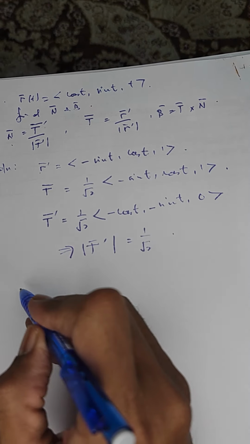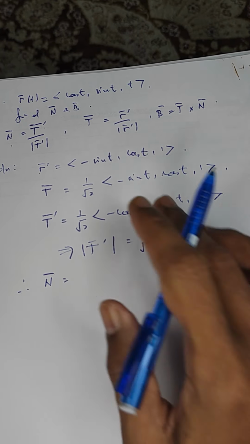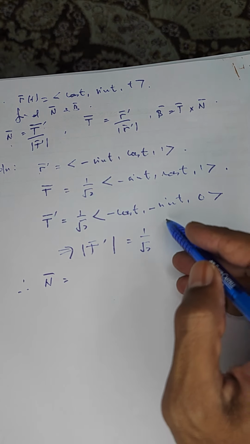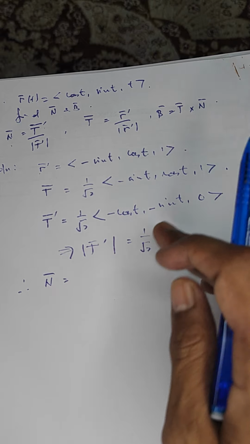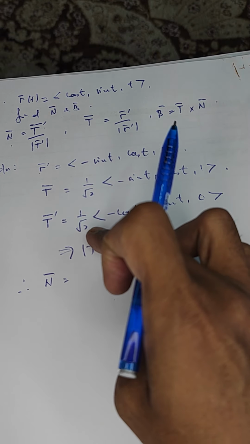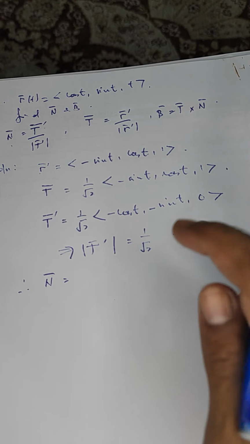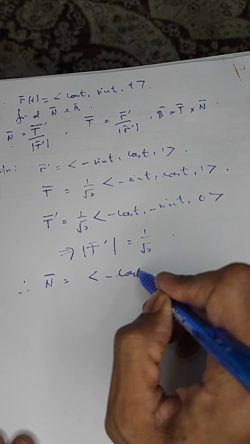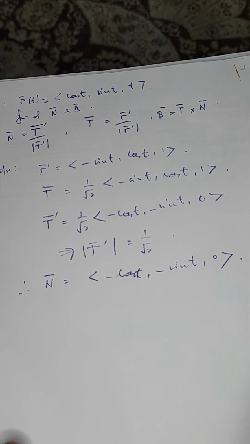Therefore we can find N, which is T prime over the magnitude of T prime. We have T prime given here, so we end up with 1 over root 2 divided by 1 over root 2, so that cancels out. What is left is just negative cos t, negative sine t, and 0.